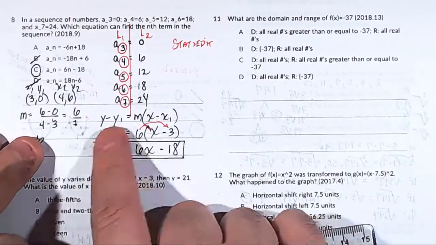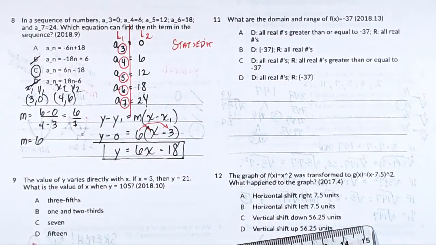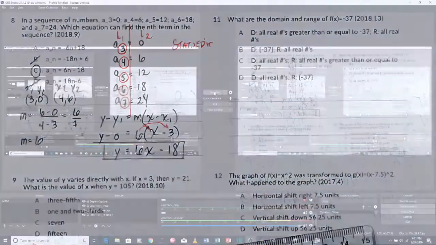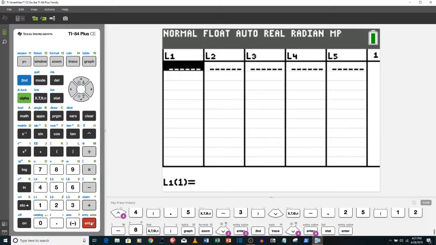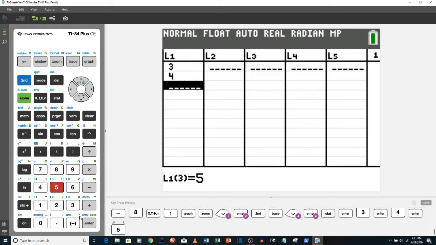If you didn't remember how to do this, or you didn't remember that you could do this, you can use the calculator, and we'll do this stat edit, stat calc 4 thing to solve it using the linear regression feature. So we'll go to our calculator emulator and click stat, edit, enter on edit, and then put in the L1 column 3, enter, 4, enter, 5, enter, 6, enter, 7, enter.